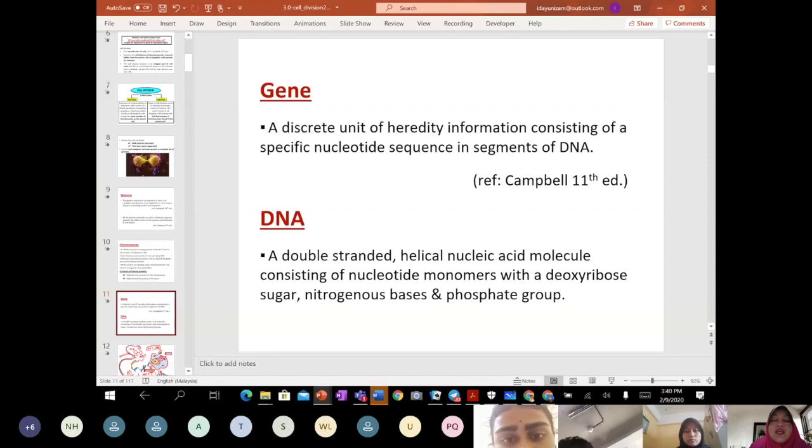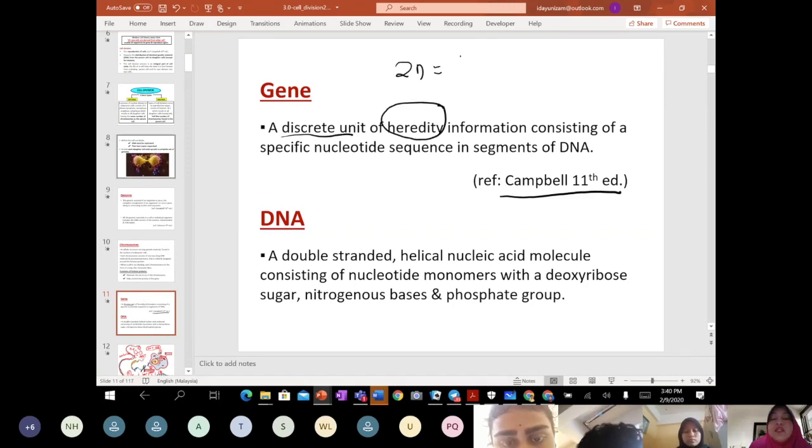If we refer to Campbell, Campbell mentioned that a gene is a discrete unit of heredity information.